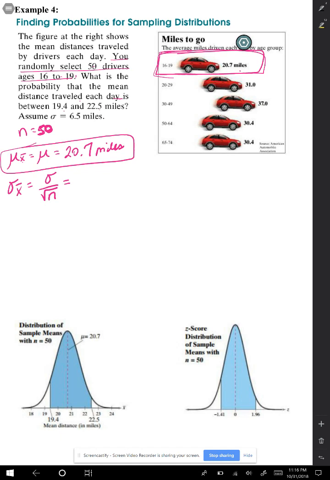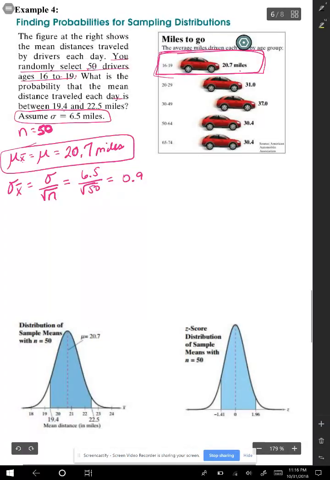The standard deviation of the population is given to me as 6.5. And n is the number of people in our sample, which was 50, so we divide by the square root of 50. I'm not going to put the individual numbers here. You can put all this in your calculator at once. 6.5 divided by the square root of 50 is approximately 0.9.